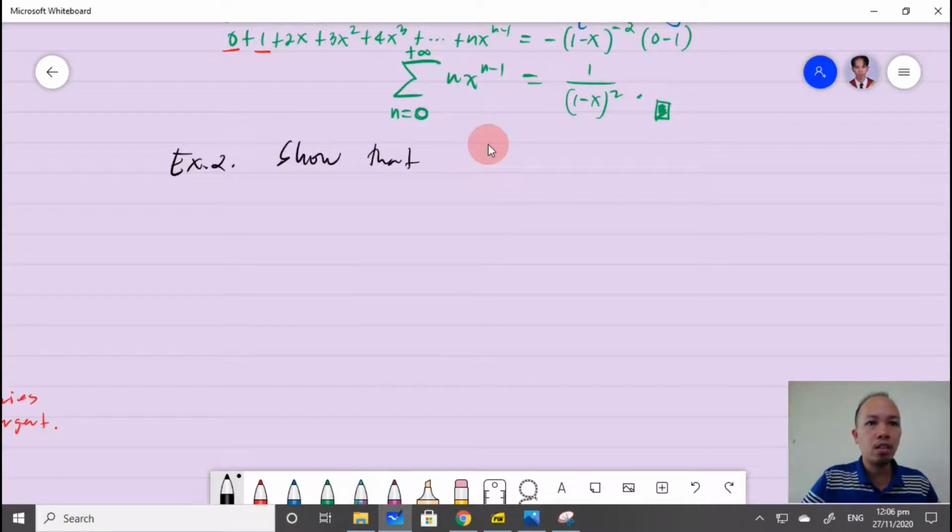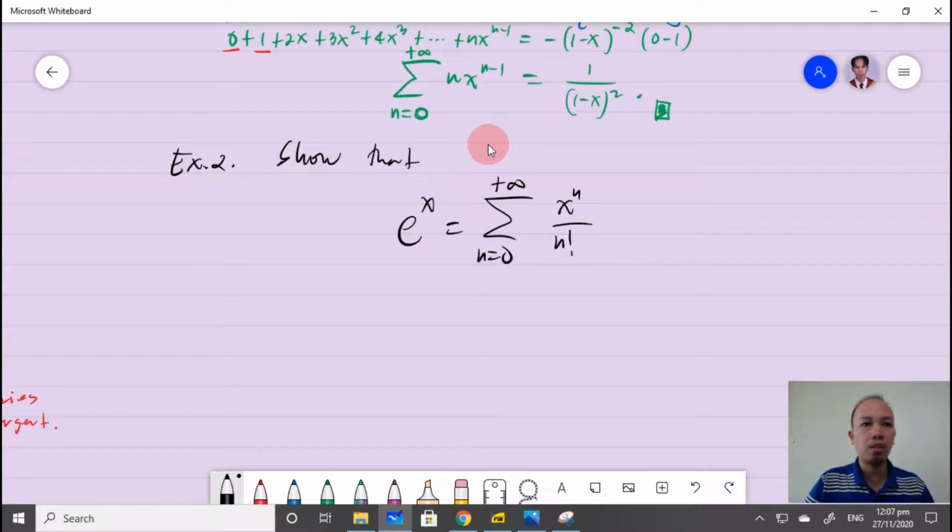Show that e to the x is equal to the summation of x to the n over n factorial, where n starts from 0 to positive infinity, for all x.